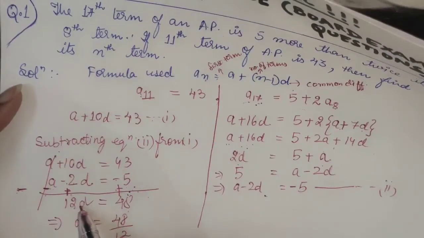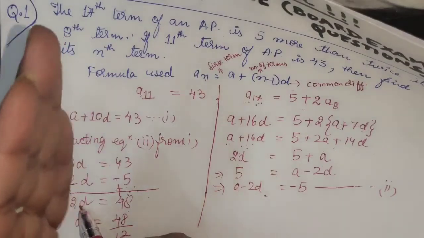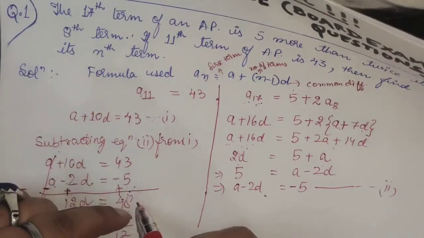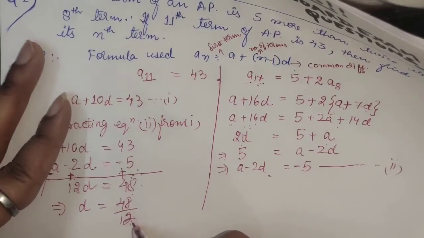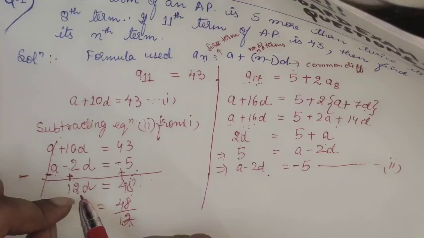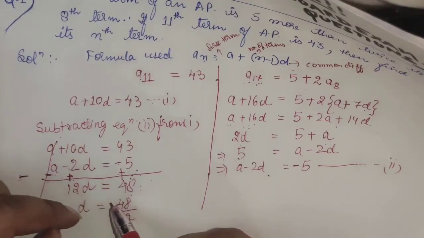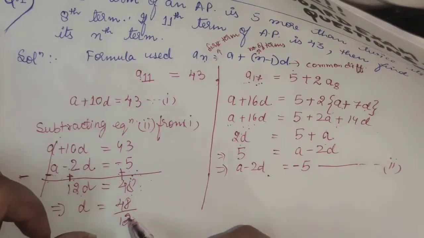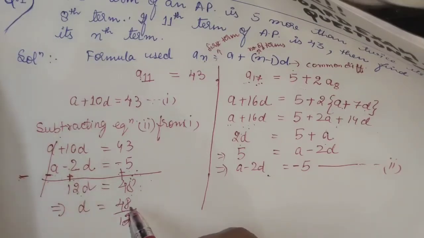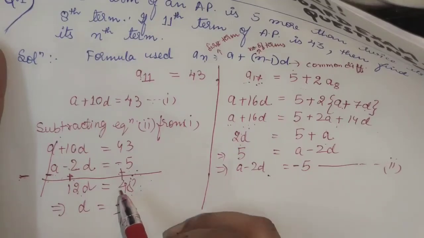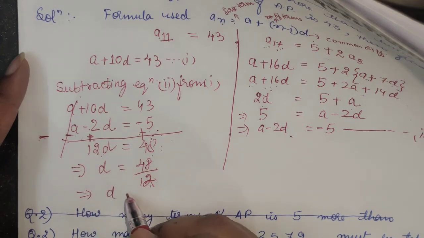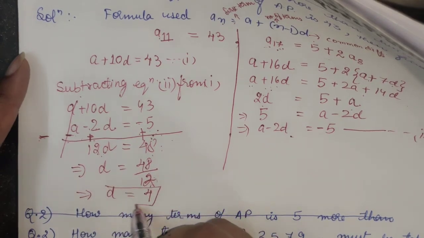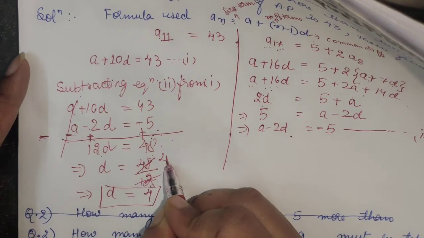This 12 is multiplied with d at the left hand side, so if it goes to the right hand side, it will automatically go to the denominator. Or we can say that if it is in multiplication and goes to the right hand side, it will automatically go into division. All this sign convention, transferring and solving the equation comes in that chapter, and it is taught in 9th. Fine. So from here you will get the value of d is equal to 4, because 12 ones are 12, 12 fours are 48.